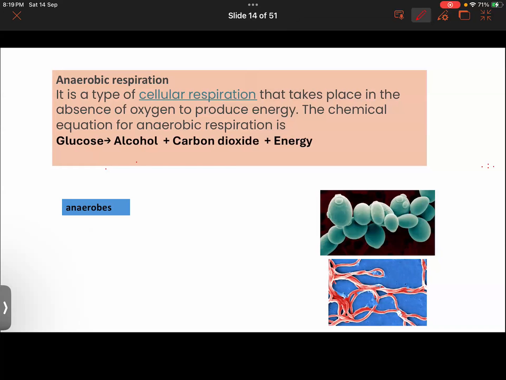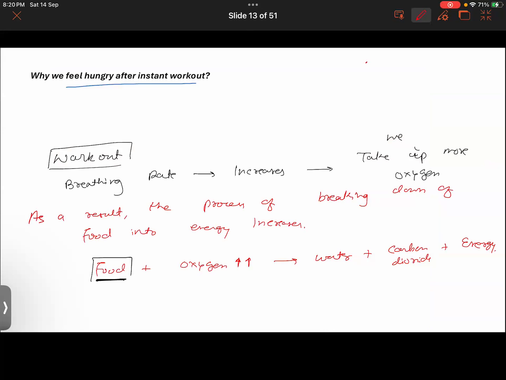Okay. So we have learned about different things in the case of aerobic respiration. If you have any doubt in that, please let me know. So first thing we learned that aerobic respiration takes place in the presence of oxygen, right? Next we learned that a high amount of energy is released.